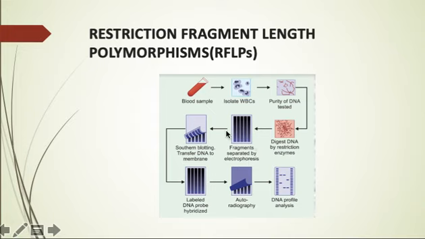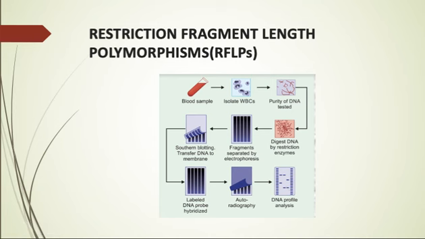And then it is blotted by the Southern blotting technique, with transfer of the DNA to a membrane, and it is labeled by a DNA probe. Then you do the autoradiograph and the DNA is analyzed, and you can see there are different DNA fragments which are of different lengths. So this is the technique of RFLP.